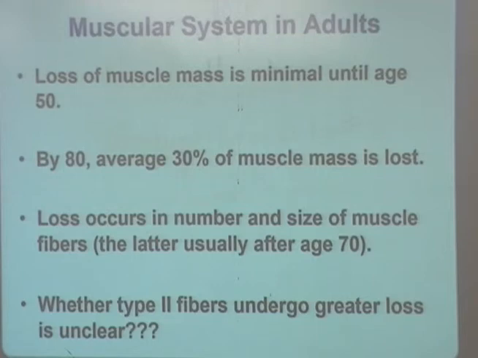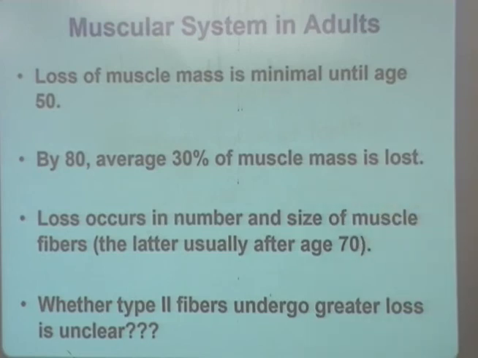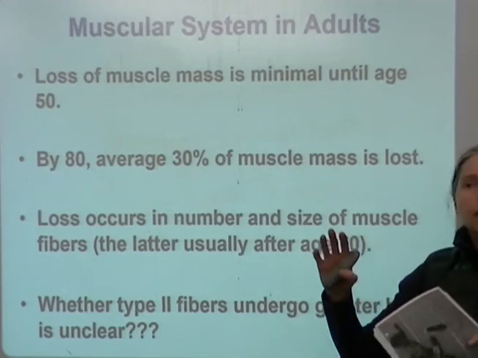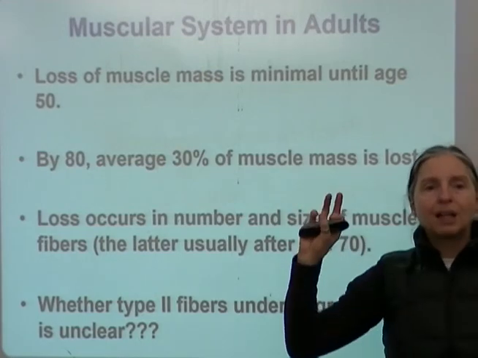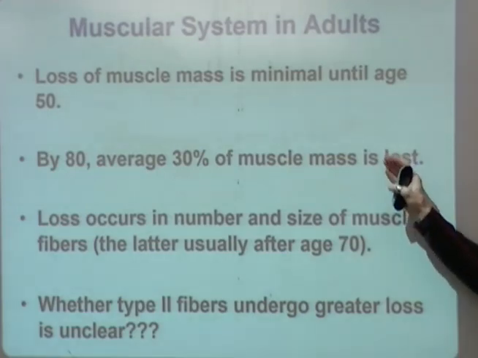So by 80 on average, most people have lost around 30% of their muscle mass, and most of the muscle that you lose is the fast type. Right? Well, that makes sense. If you think about people who are older that you know, aren't they a little bit slower than they used to be? Right? Because we lose the really fast muscle as we get older.